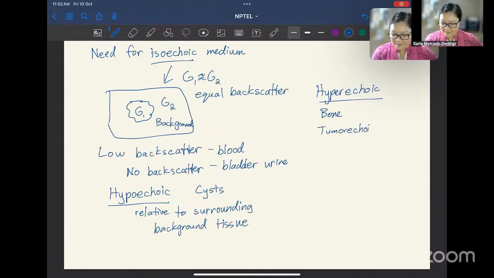Typically in tumors you have more cells growing uncontrollably, so they can appear hypoechoic. But at times, tumors can also appear isoechoic. So in grayscale, it might be hard to detect any diseased tissue or tumors. There are other ultrasound-based imaging modalities that can help you determine whether there's a tumor or healthy, normal tissue around that area.